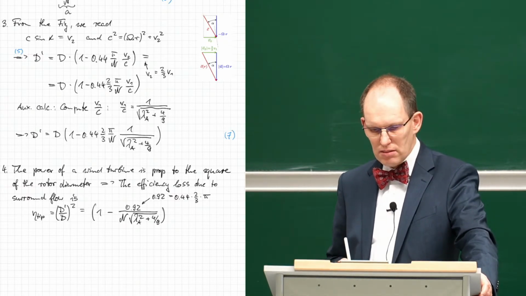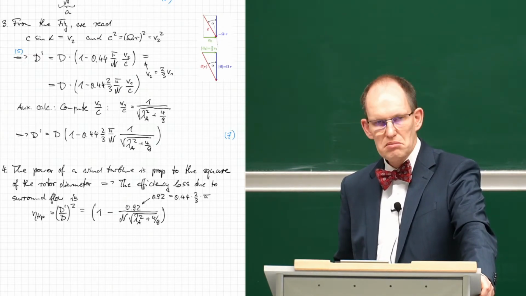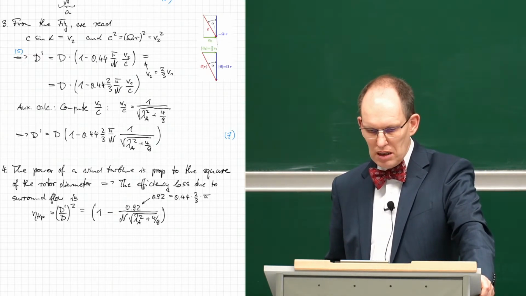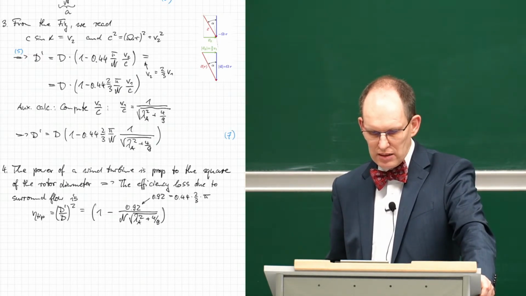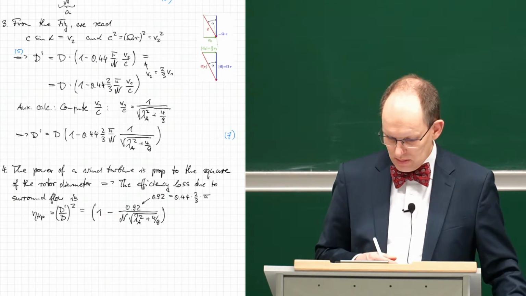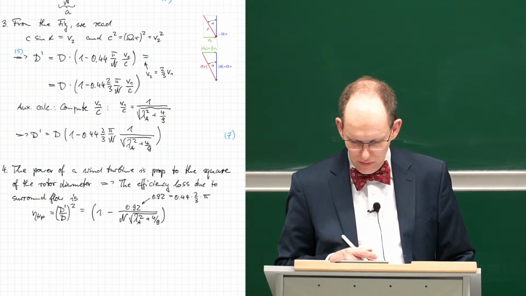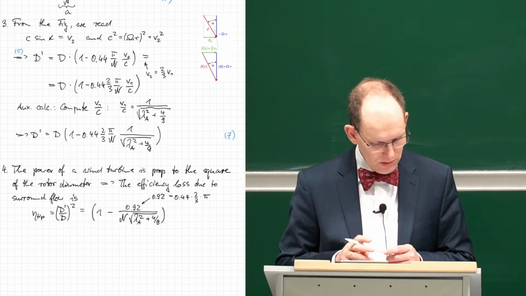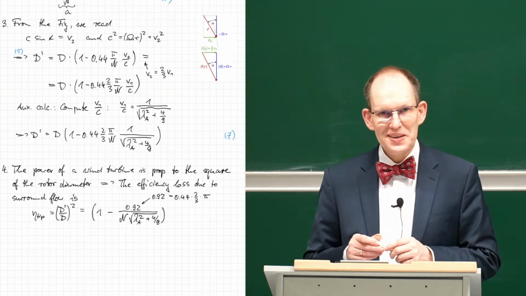Makes sense? Pi is approximately 3, and so it cancels with 3 approximately, times 2. So 2 times 0.44 is approximately 0.92, isn't it?